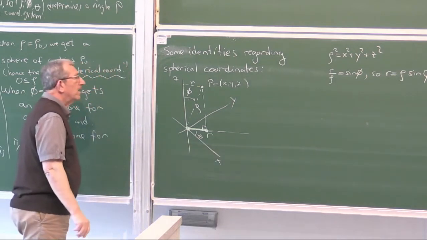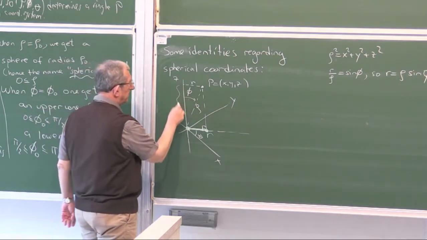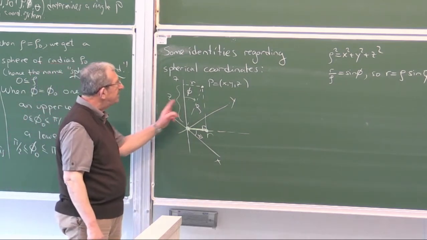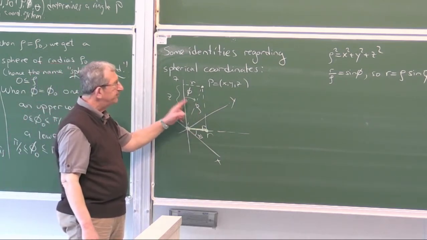Now, similarly, this would be my z, and z divided by rho gives me cosine phi.